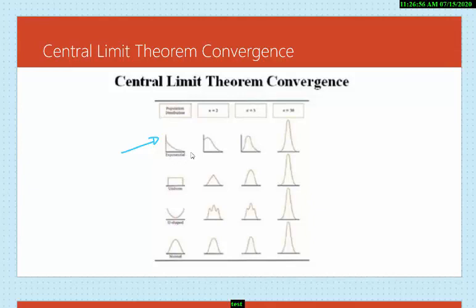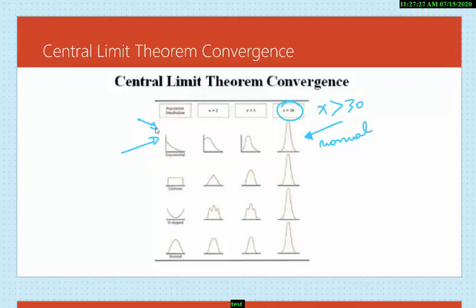Then the sampling distribution, meaning the probability distribution of the means of samples of that population, when the samples have a size greater than 30, is going to look normal. So is this strange? Yes, it's strange.